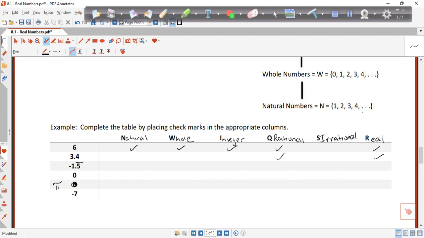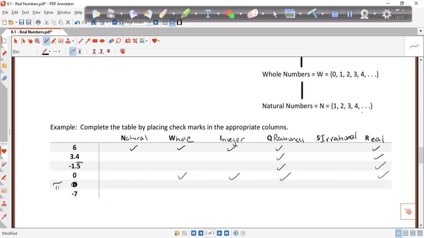Negative 1.5 repeating is not natural, not whole, not an integer, because none of those have decimals. It is rational because it's a repeating decimal, which makes it real. 0 is not natural, it's not a counting number, but it is whole, it is an integer, it is rational, and it is real.